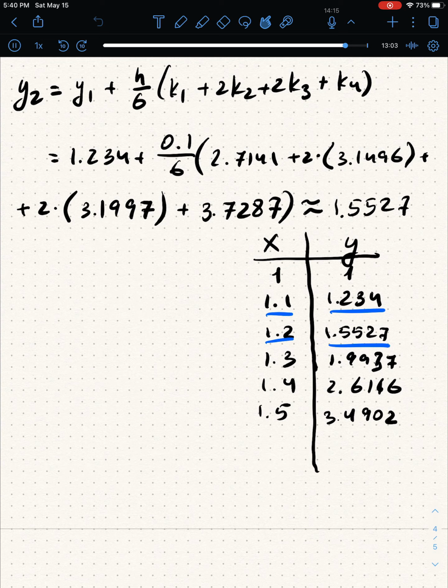Remembering the module 2 material, you will be able to actually solve this. When you do, you get the function of y, with our initial condition that y of 1 equals 1, to be e to the x squared minus 1. And when you plug in x to be 1.5, you get the approximate value of 3.4903.